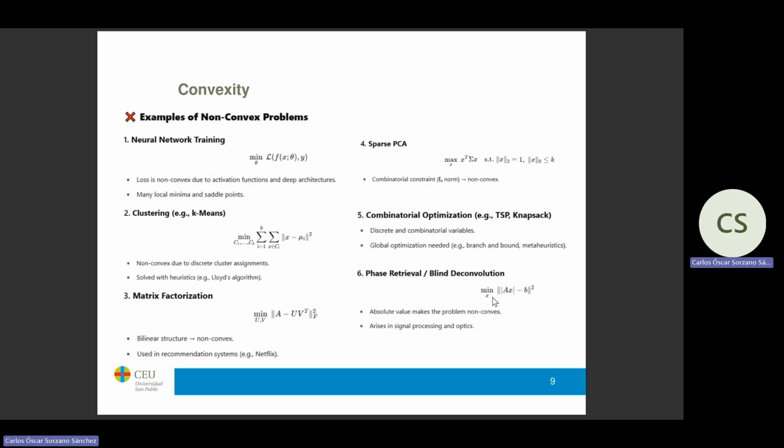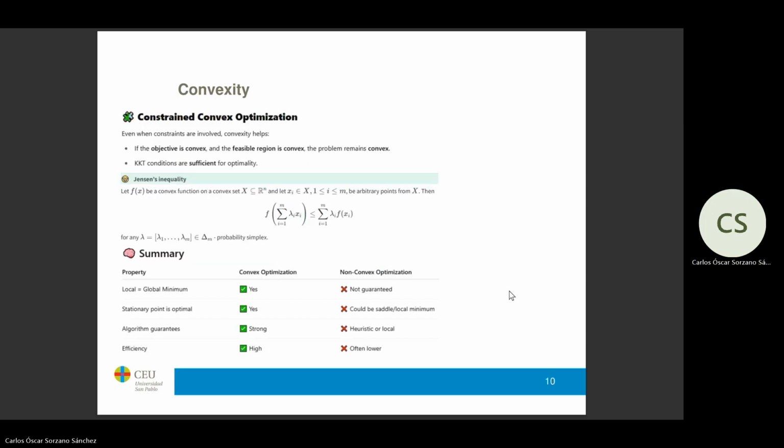Here you are only measuring the absolute value of this matrix. And then that absolute value makes the problem non-convex. Okay, any question? No? Very good.